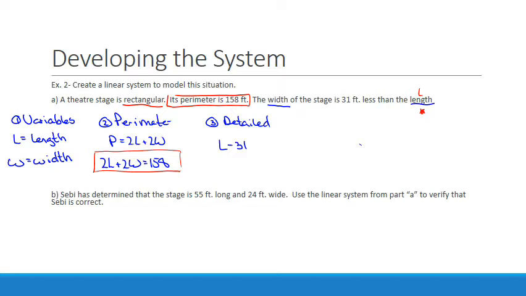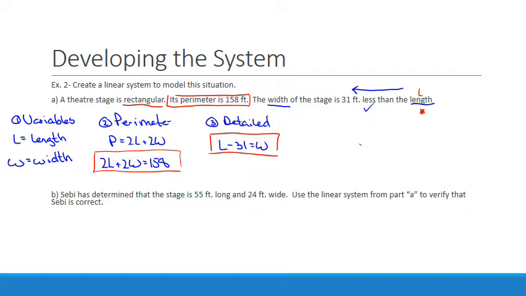And what is that thing? If I keep reading backwards, and again, I'm reading backwards from the L, and I've already got the 31 feet less, so the width of the stage is 31 feet less than the length. So I'm saying is equal to the width. And I don't have to rearrange that one. I could if I wanted to. There's also just different arrangements or different ways I could have thought of that.